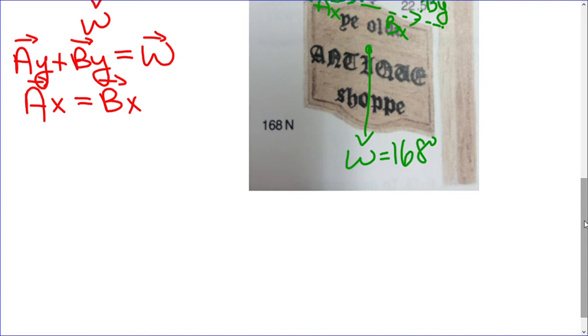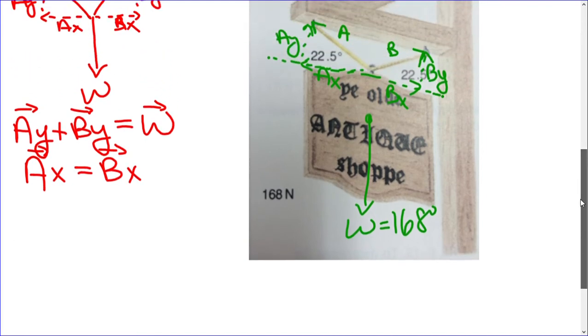So using a little bit of trig, we can find AX and BX, right? AX looks like it's the adjacent side to the angle, right? The angles are right there. So I have adjacent and I have a hypotenuse A. So I'm going to set up my cosine value to find this value to see what it is.